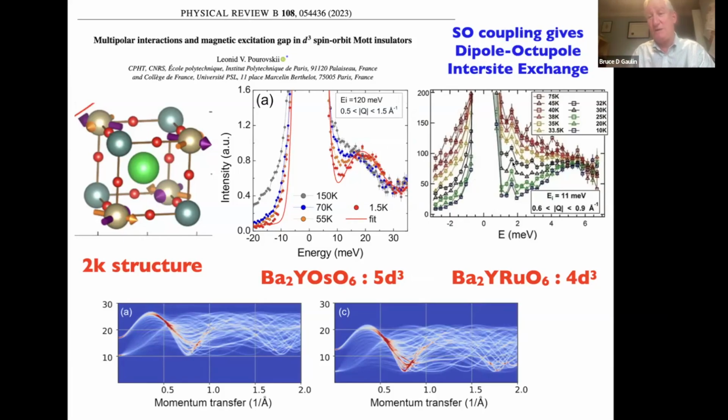So this is now a 4D3 system. So naively, at least, you'd expect all the physics to be the same, but for the spin-orbit coupling to be weaker. And indeed, we measure phenomenology, which is essentially the same. But the gap is about a third the size as it is in osmium, which is consistent with our expectation that the gap somehow arises from spin-orbit coupling.